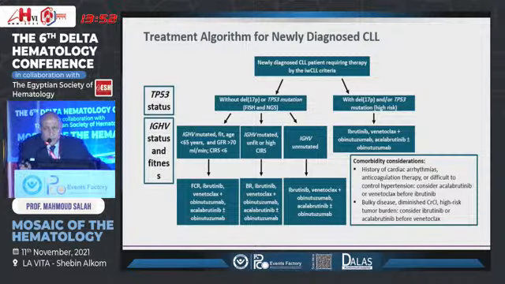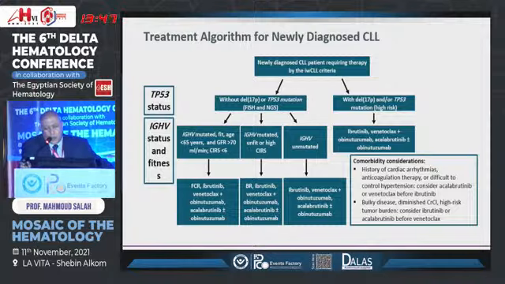So for the patients presenting without deletion 17p or TP53 mutation by FISH and NGS, with IGHV mutated, and the patient is fit and the age is less than 65 years, and the GFR more than 70 mL per minute, or CIRS less than 6. So these patients are young, fit, and mutated without deletion 17.